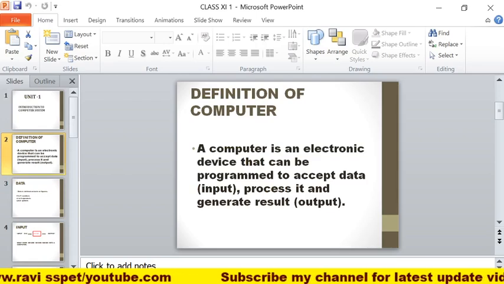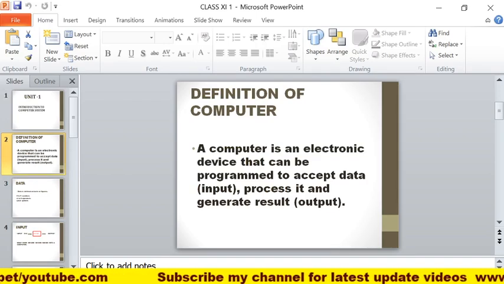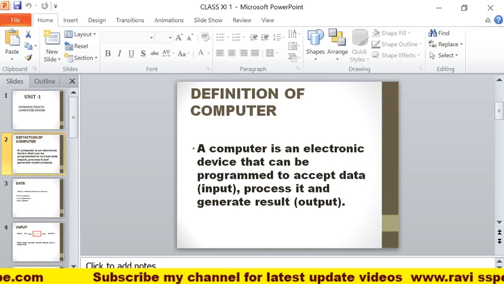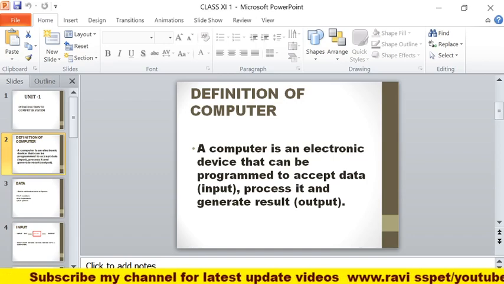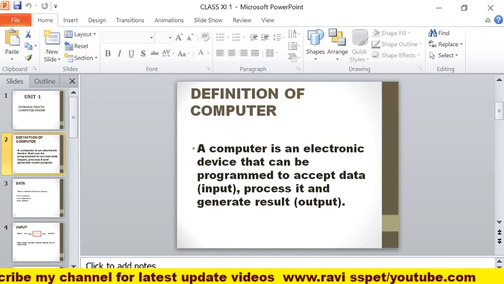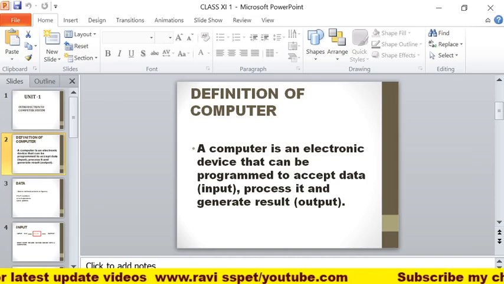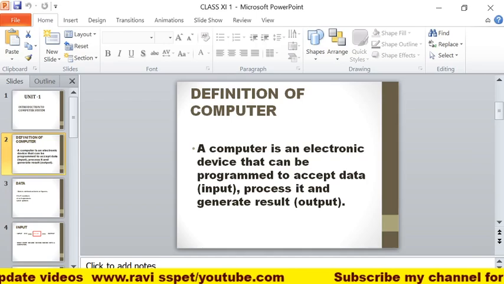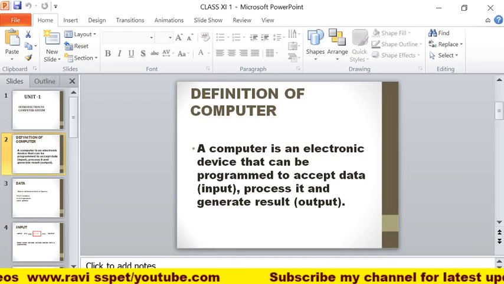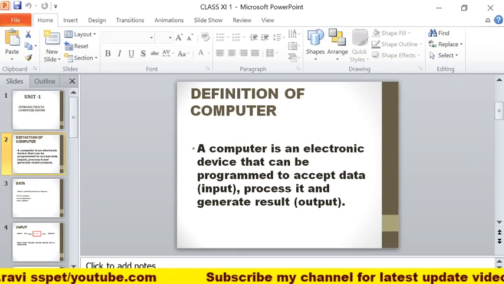So now let us see the definition once. A computer is an electronic device that can be programmed. That means how it is programmed: first of all, it accepts the data, whatever data we are giving to the computer. For example, we give 5 plus 5, and it accepts the data as input.